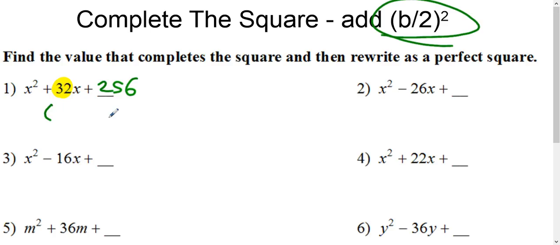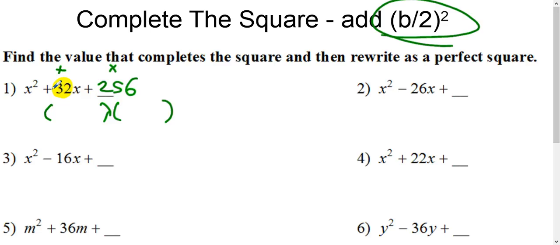Now, what we just did is we completed the square, which means now when we factor this, it's going to be a perfect square. So factoring, remember, it's two numbers that have to multiply to be the back, the 256, and add to equal the 32 in the middle. Two numbers that multiply to be 256, well, we just came up with that by doing 16 times 16.